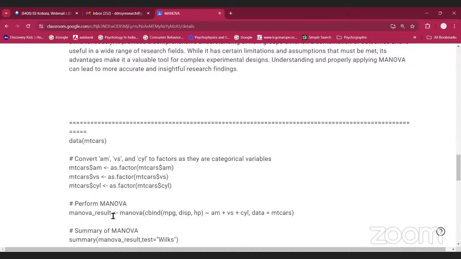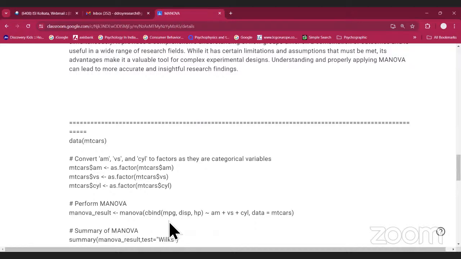The result object is the MANOVA result and manova is the function. After that there is a tilde; the tilde indicates what your independent variables are. You have three independent variables, am, vs and cyl. Three independent variables and three dependent variables. Your data is mtcars.